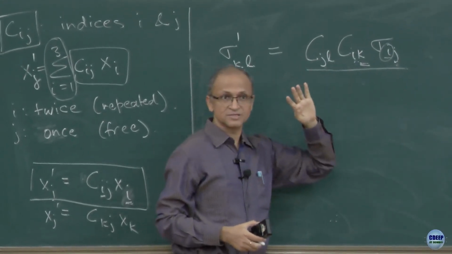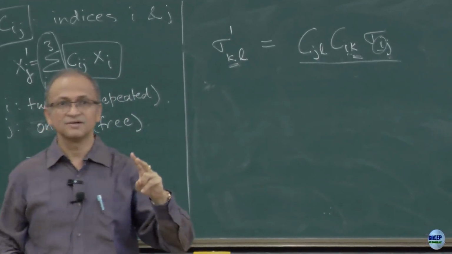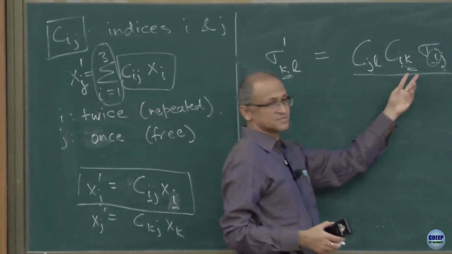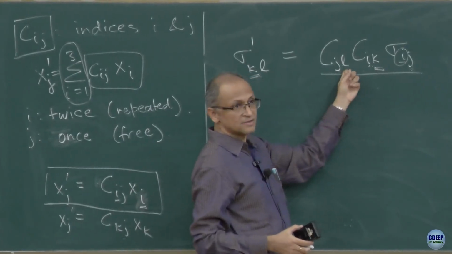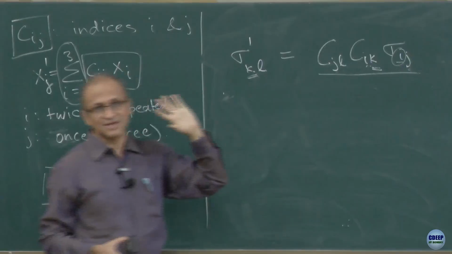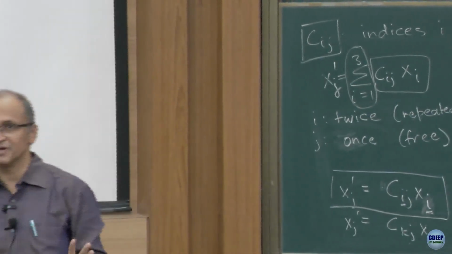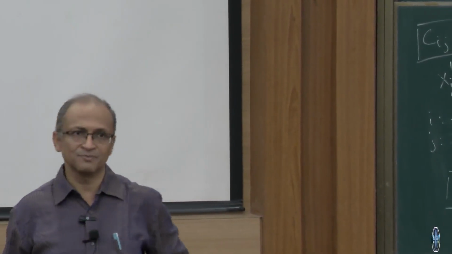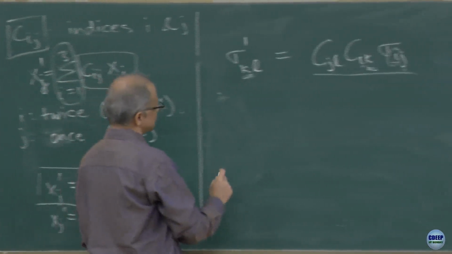There are 4 indices, out of which 2 are repeated and 2 are free. And we said the free indices are k and l, and that should be the same on both the sides. So at least we are passing all those rules, and no index is appearing more than twice. So all the rules that we have said are being satisfied here.